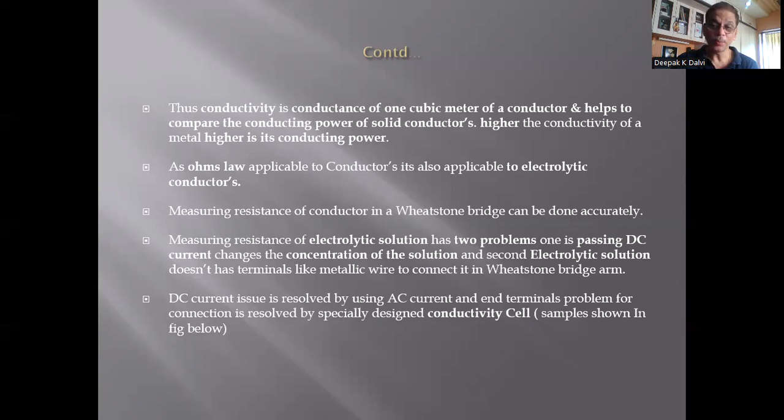How many arms does a Wheatstone bridge have? Four arms. So one arm has the electrolytic cell, dipped in the electrolytic solution and having positive and negative terminals. I can show you that design in a figure.